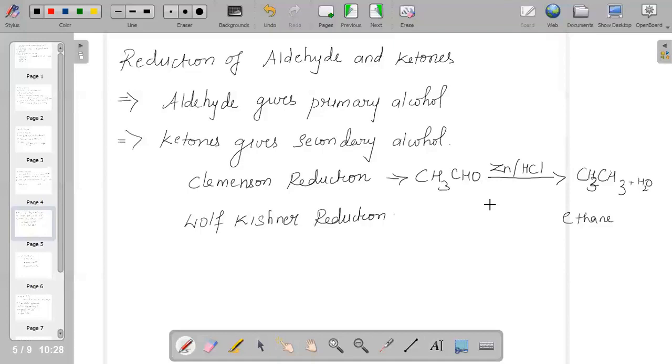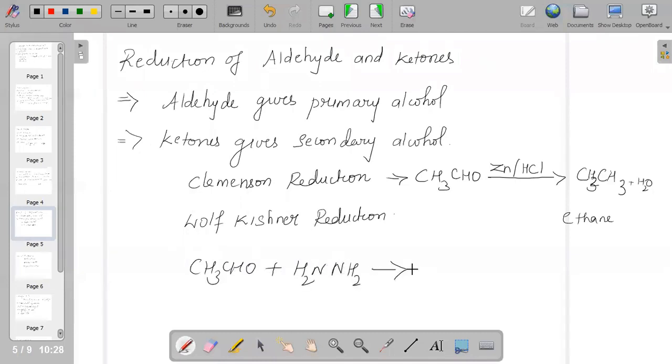Next, another reduction which it can undergo is named Wolff-Kishner reduction. In this, an aldehyde is reacted with hydrazine, that is CH3CHO plus hydrazine, H2N-NH2.